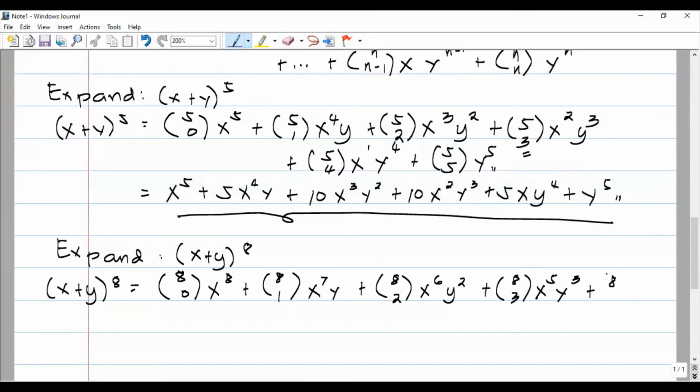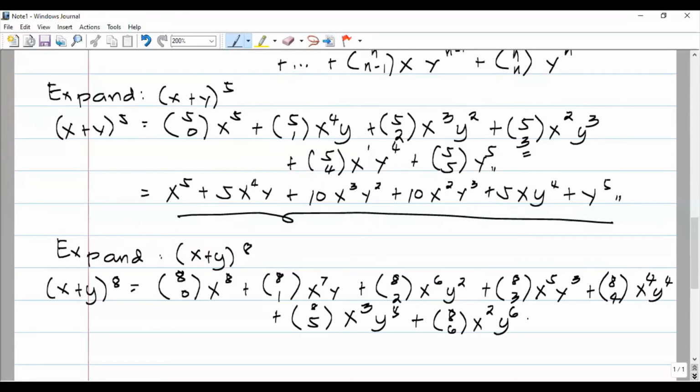Combination of 8 taken 4 at a time, x raised to 4, y raised to 4. Plus the combination of 8 taken 5 at a time, x to the 3rd power, y to the 5th power. Plus the combination of 8 taken 6 at a time, times x raised to 2, y raised to 6.